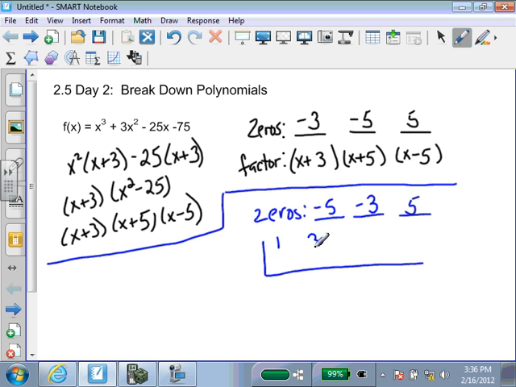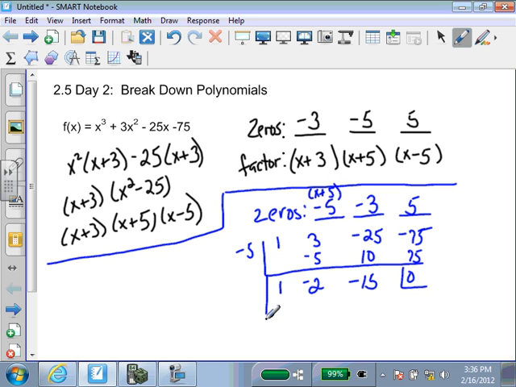1, 3, negative 25, and negative 75. Maybe starting with a negative 5. 1, negative 5, negative 2, 10, negative 15, 75, 0. That one confirms. So then I would have written a factor for it of x plus 5.